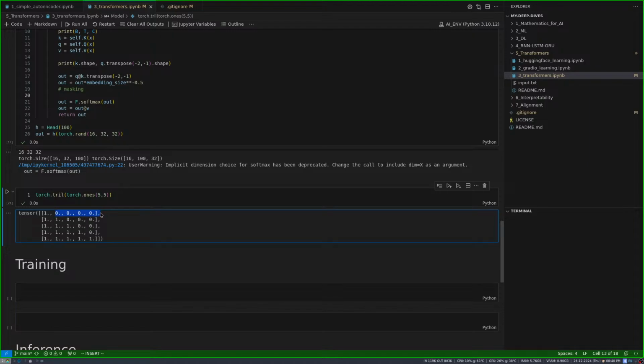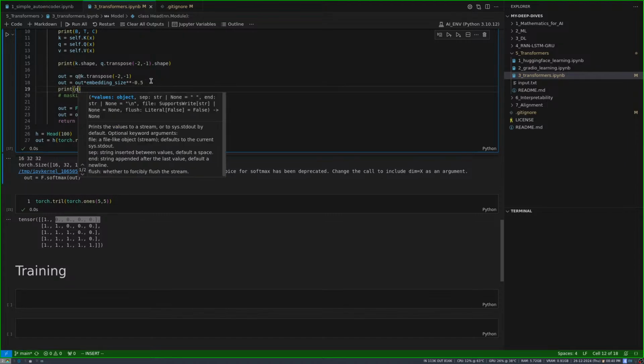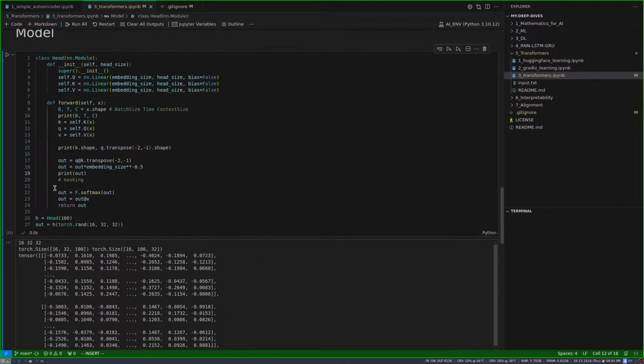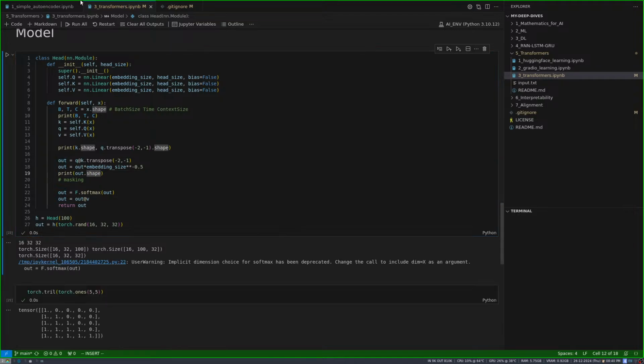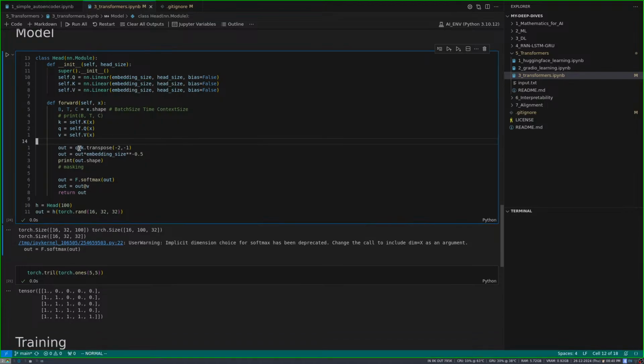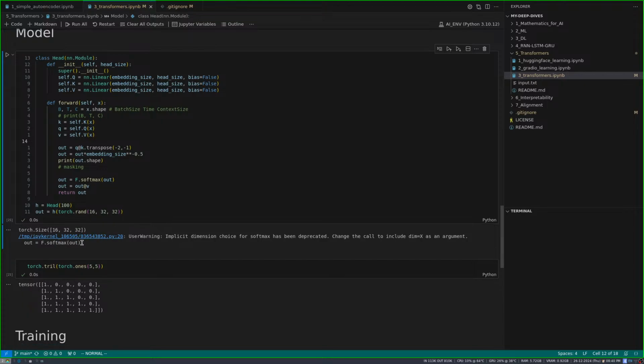Okay. Now we matrix multiply, right? For int out, we have this. In fact, we are also putting out dot shape, 32, 32.